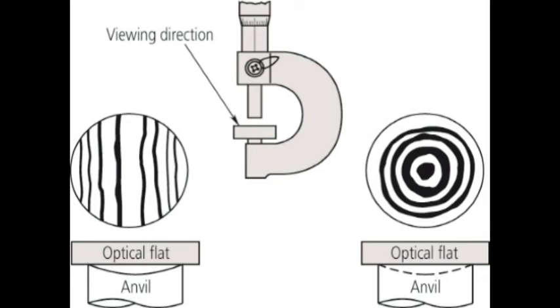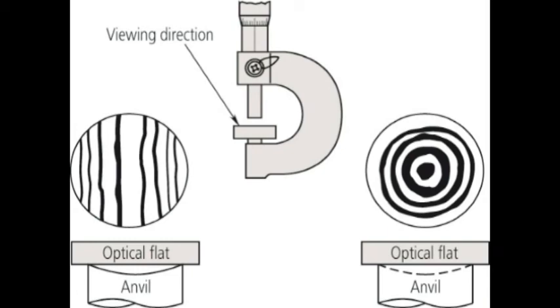The optical flat is brought into contact with each of the anvil surfaces and moved till the minimum number of interference fringes, that means closed curves, are observed. The number of interference fringes is observed on each of the anvil surfaces. Here there is a micrometer, and by viewing in this direction we can calculate the lengths and the diameters of that equipment.